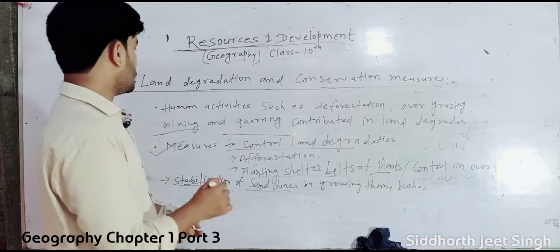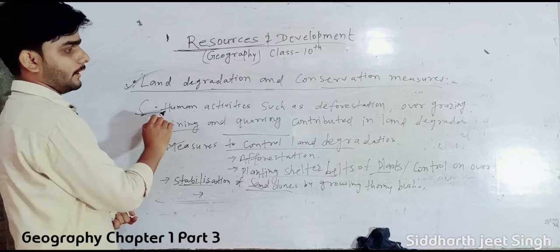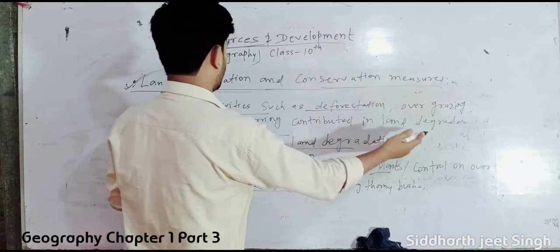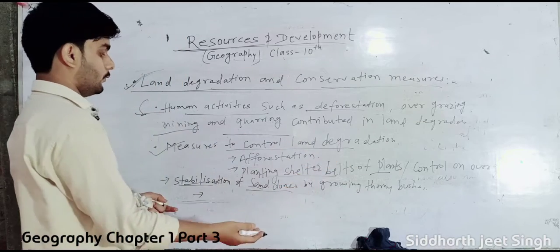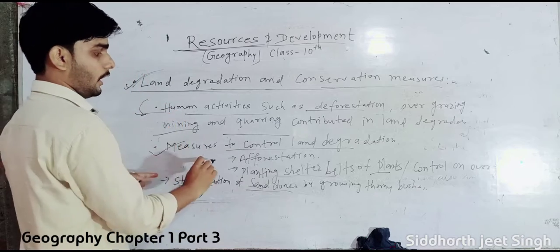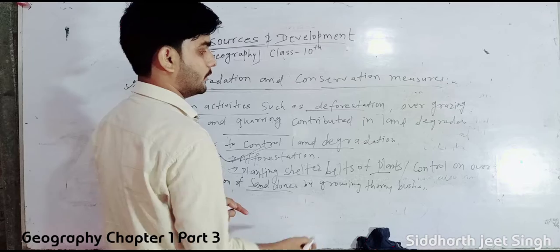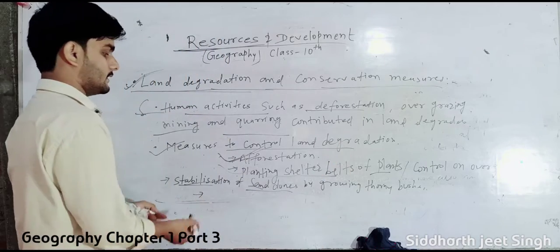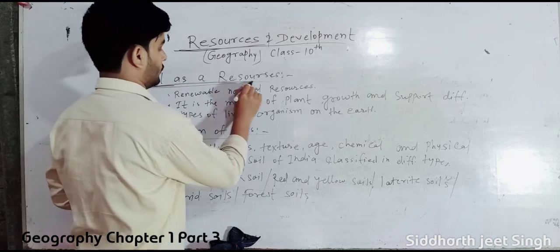We discussed that some human activities like deforestation, overgrazing, mining and quarrying contribute to land degradation, so we have to conserve land through afforestation, planting shelter belts, control of overgrazing, and stabilization of sand dunes by growing thorny bushes. How is soil a resource?